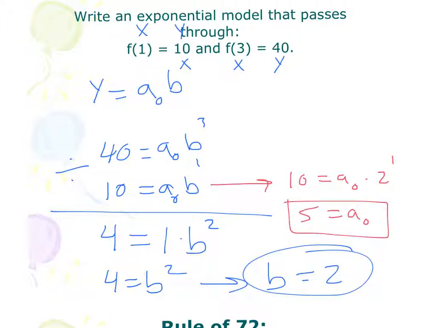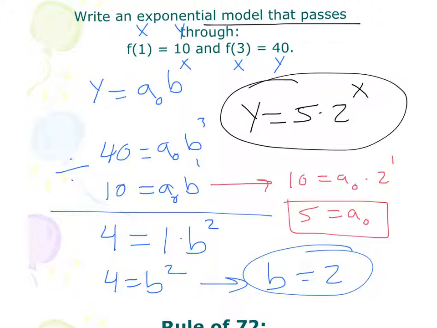Now the directions are asking me to write a model. So the final answer would be 5 times 2 to the x power is the exponential model that fits those 2 points. So very similar to elimination, except because it's an exponential model, once you set up the 2 equations, divide them.